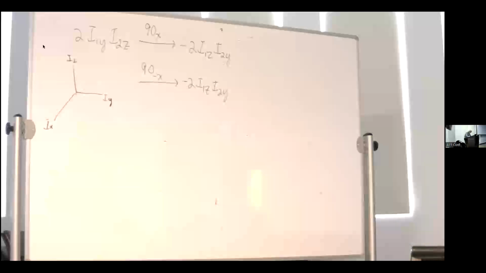Then we come to, let's see, how about down at the bottom of the first column, I1 plus I2Z going to I1 minus I2Z.